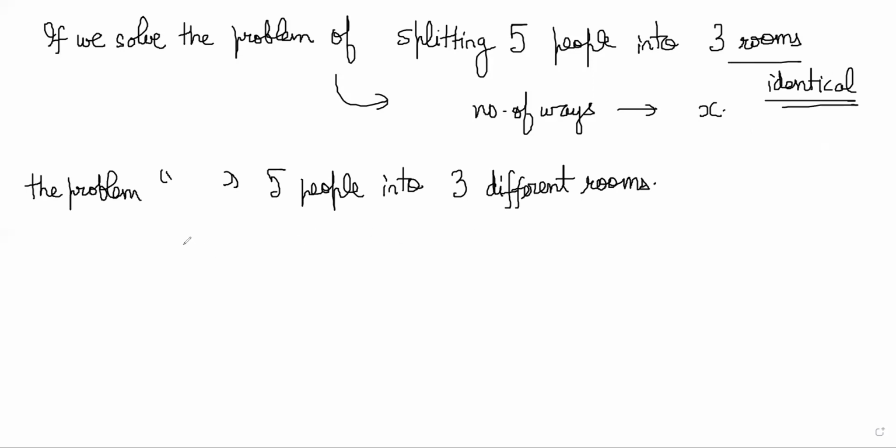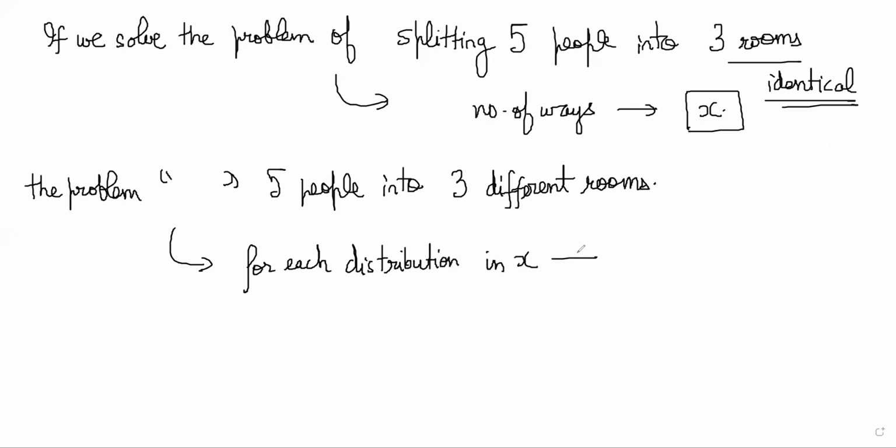And how high will it be? For each distribution in x, there are 3 factorial ways to permute the rooms, right?